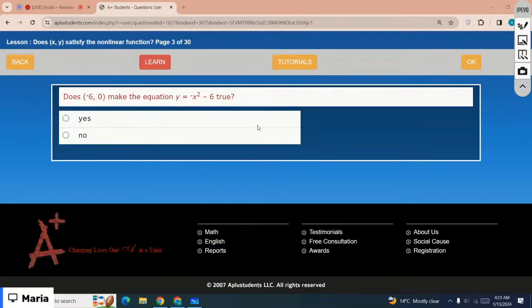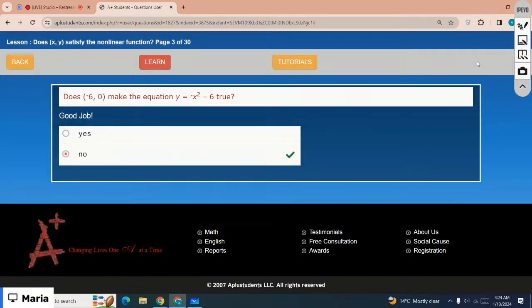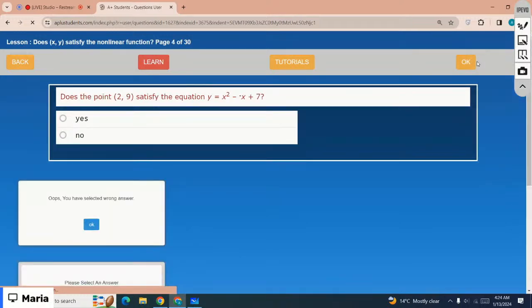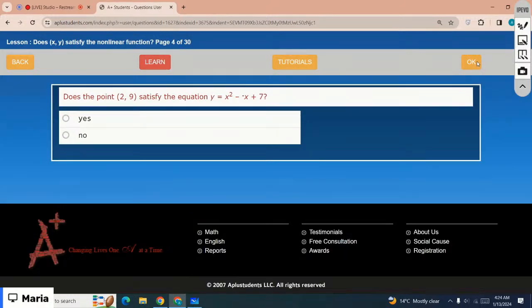Okay, for the next one, you have to solve it in your notebook and write the answer in the chat box. The next one is, does (2, 9) satisfy the equation? Which is the correct option?